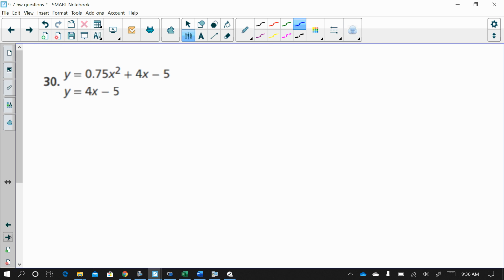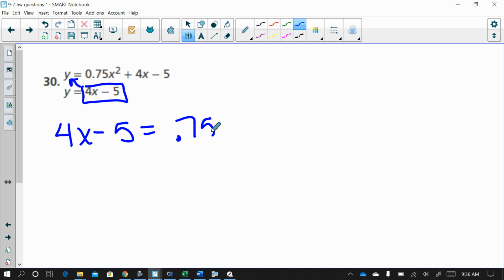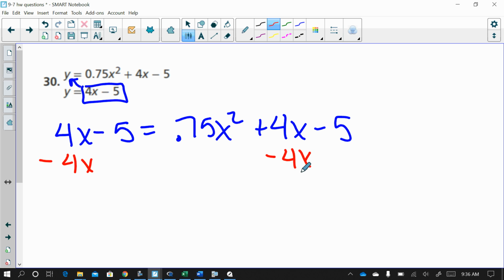Okay, another one. I'm going to do substitution here just to mix it up a little bit. Remember substitution: I have both y equals, so I can take one and stuff it in for y. So I have 4x minus 5 is equal to 0.75x squared plus 4x minus 5. I want to get everything on the same side, so let's subtract 4x from both sides. Negative 5 equals 0.75x squared minus 5.